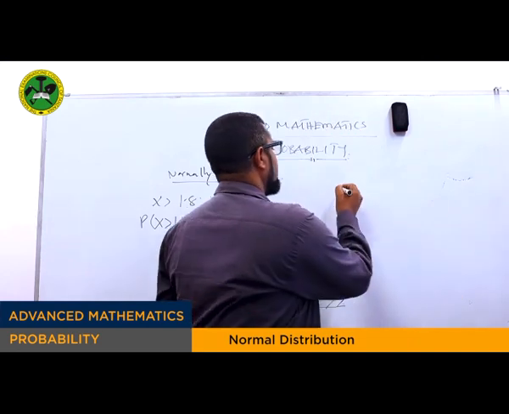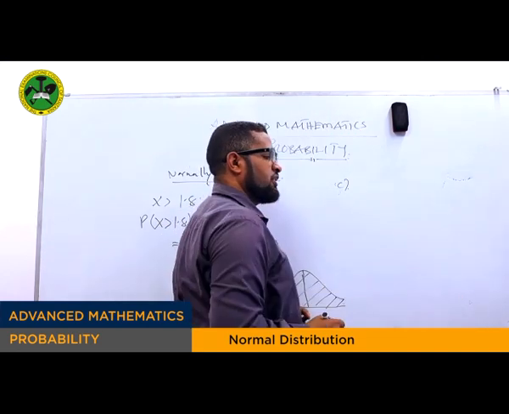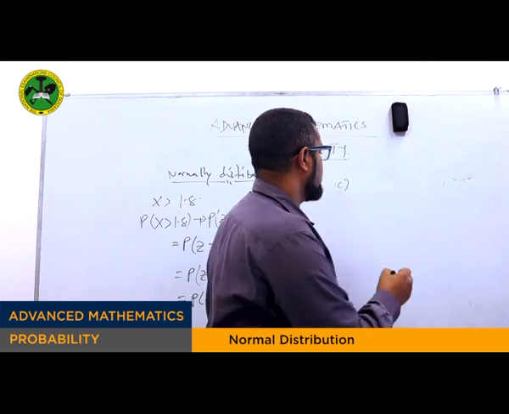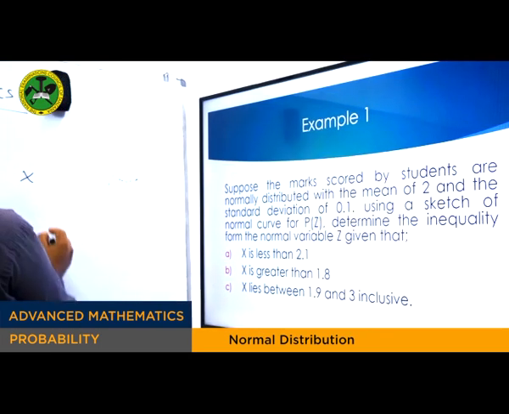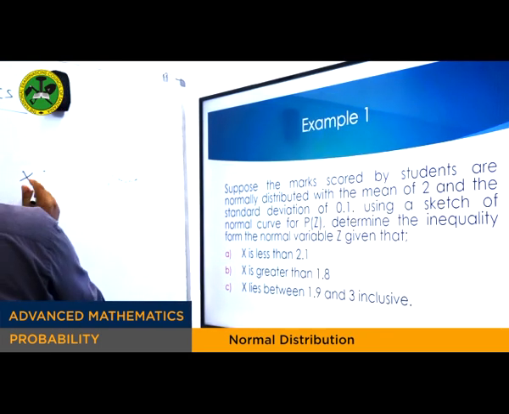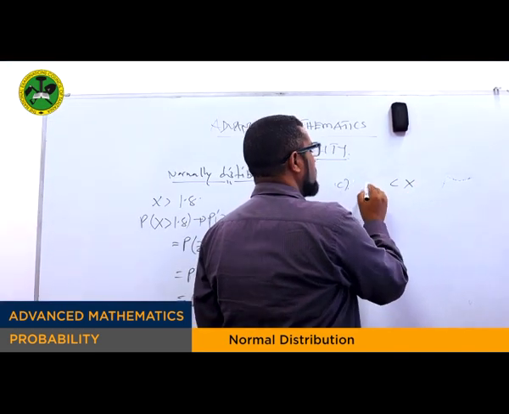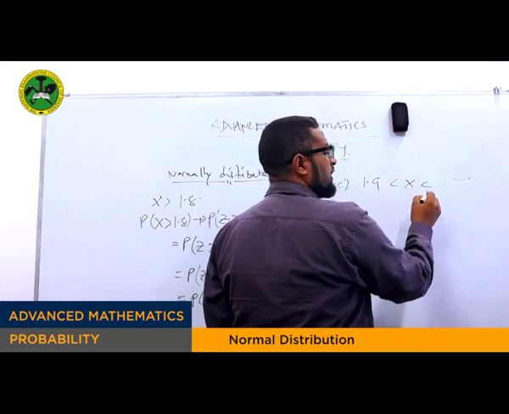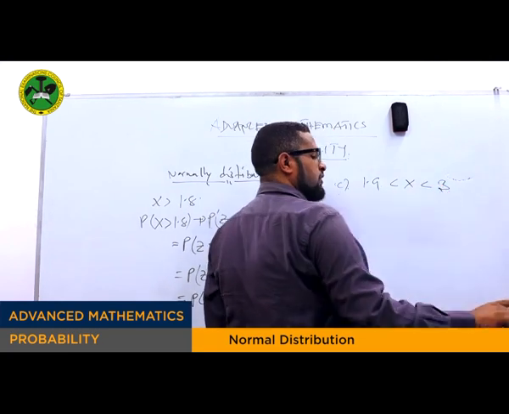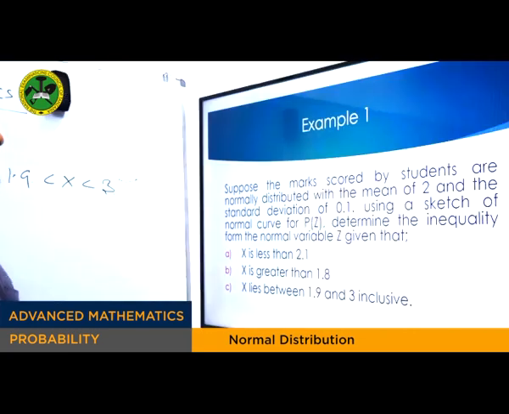Let's see part C. Part C, when x lies between 1.9 and 3. But if you see the word inclusive, it means these values are included.